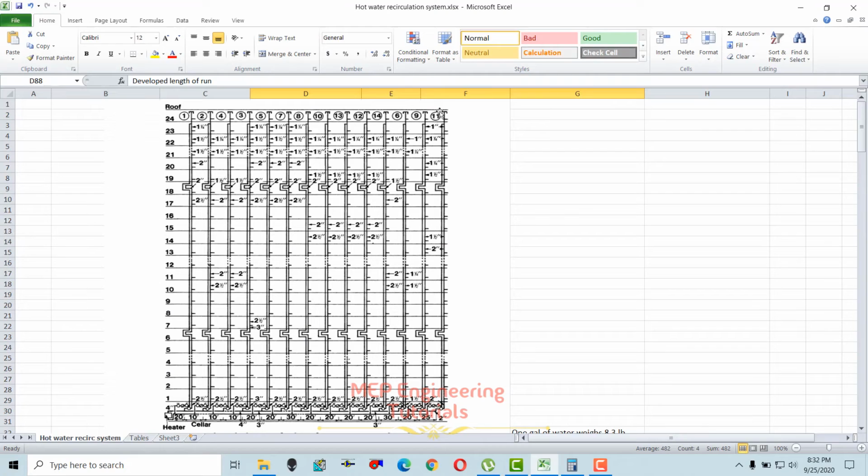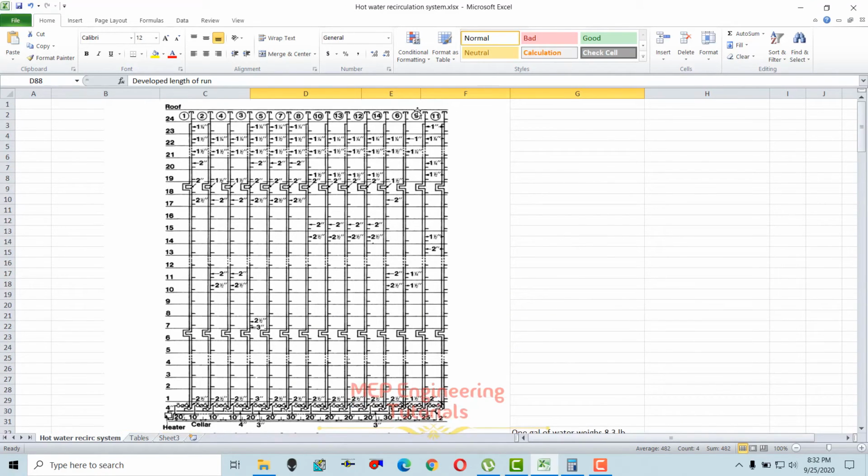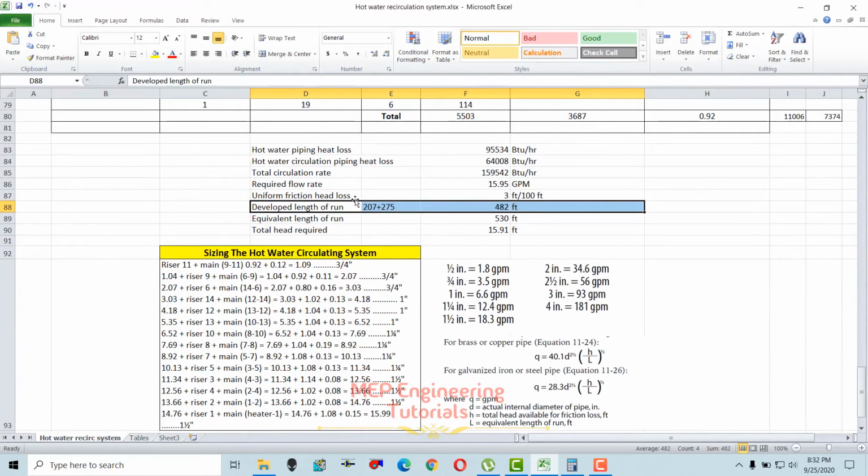If you see, this is our most remote riser, that is riser 11, at floor number 24. So from here, the hot water recirculation piping to the heater is our total developed length to the most remote riser, riser number 11.